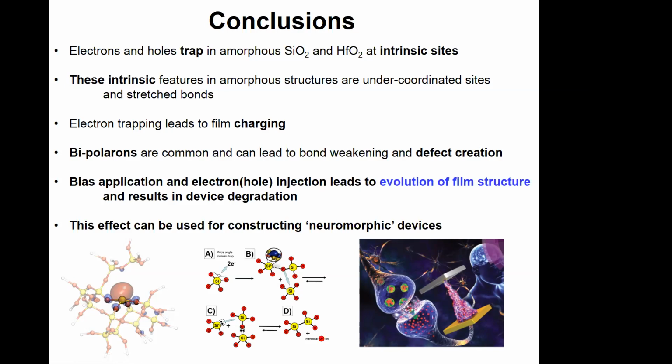Yes, nice talk, Alex. I was just wondering, what are the qualitative differences between the crystalline and the amorphous results in these different structures? Is the trapping different in the amorphous structure compared to the crystalline one? Yeah, it is very different.